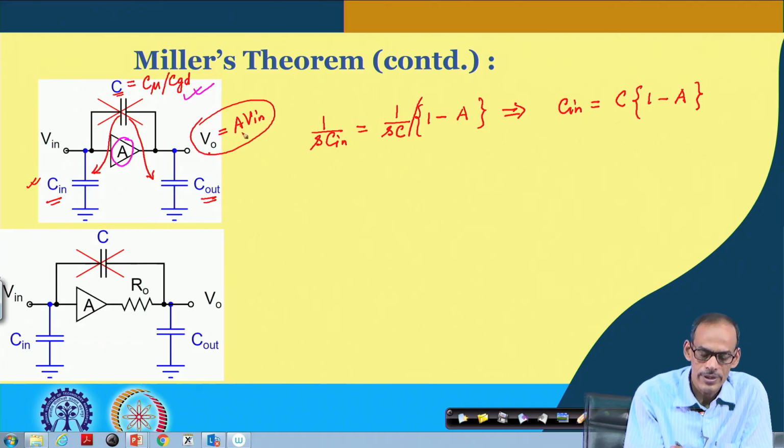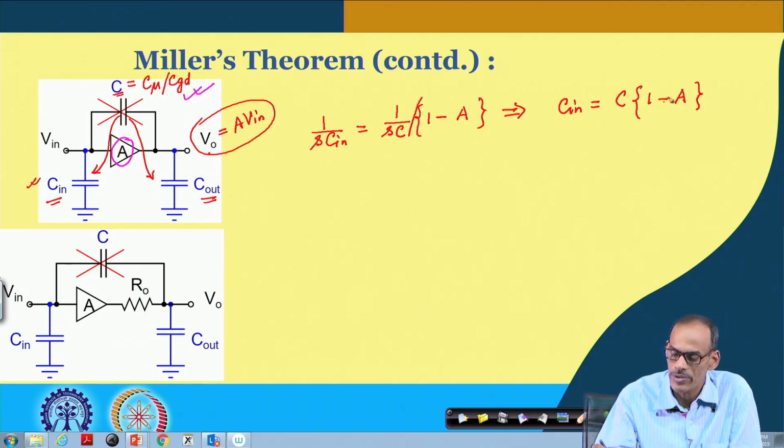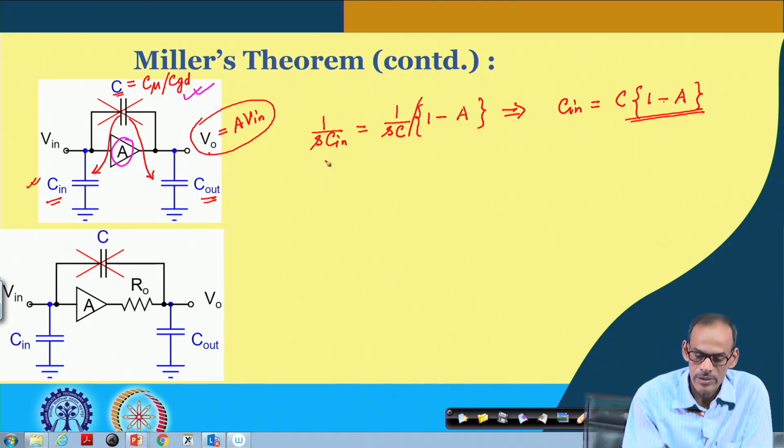In case A has a minus sign, this part will get a plus. You have to keep that in mind when we talk about the actual circuit. On the other hand, 1 by S C out is Z2.